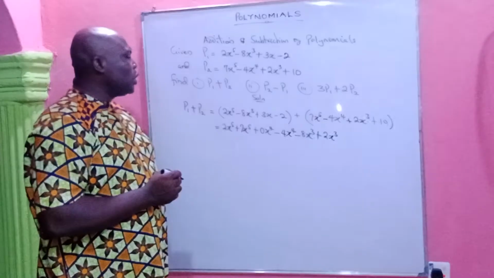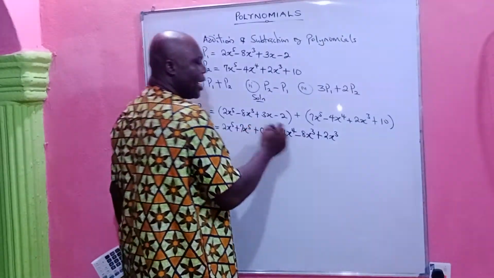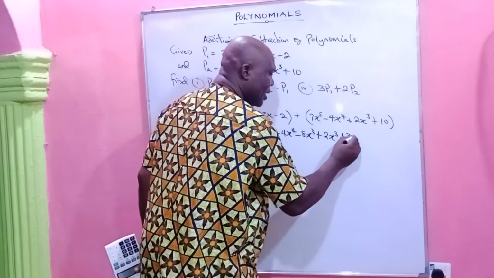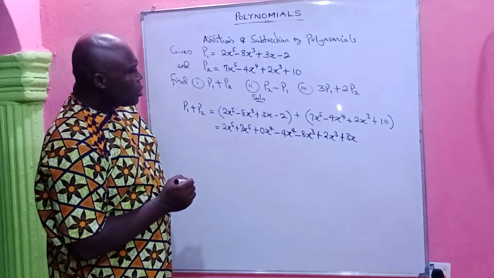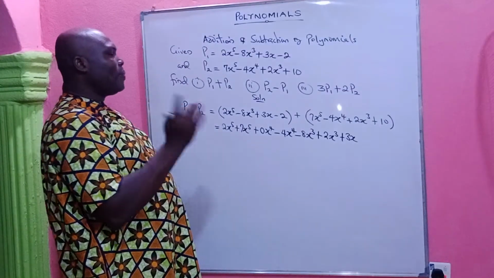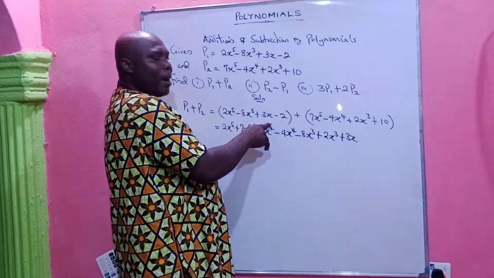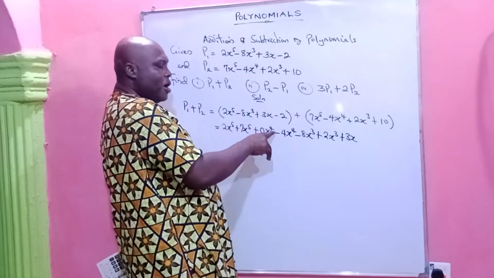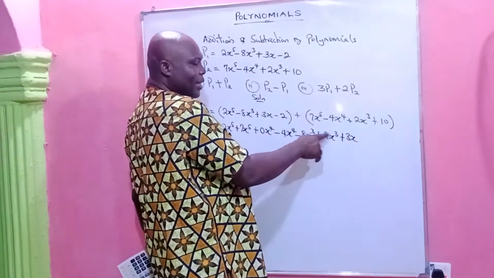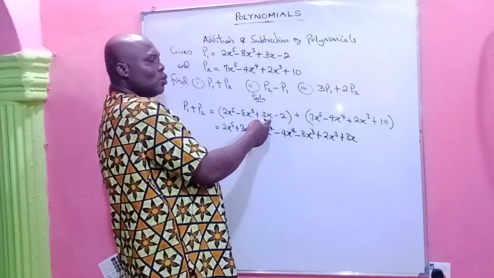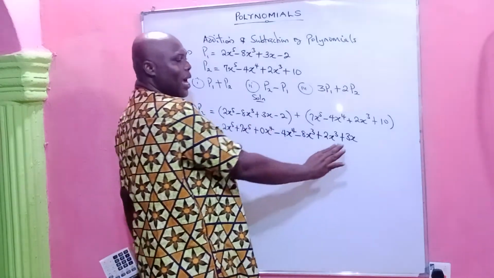Then after that we are going to take normal x. So we have plus 3x. Okay, do we have x squared? There was no x squared. Please take note, we don't have that power of x because we started with 5, followed by 4, followed by 3. But there is no x squared. That's why I have not brought it out.